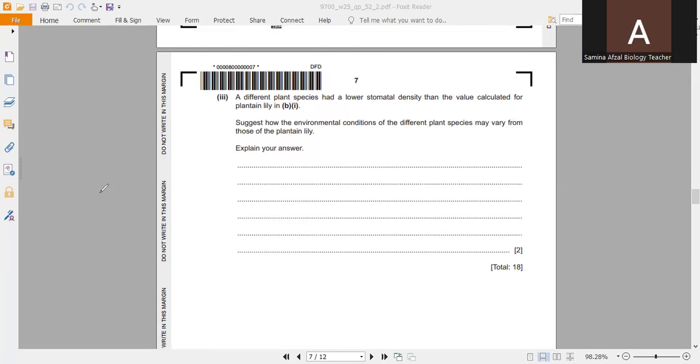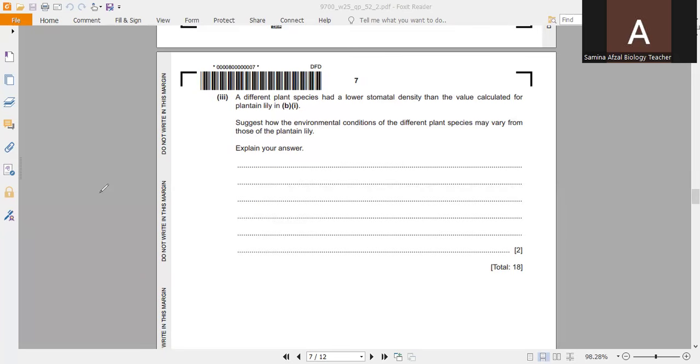So you have to explain your answer. Here we have to discuss this condition, that is, the different plant species likely lives in a hotter, drier, or windier environment. That is, they live in different environmental conditions.